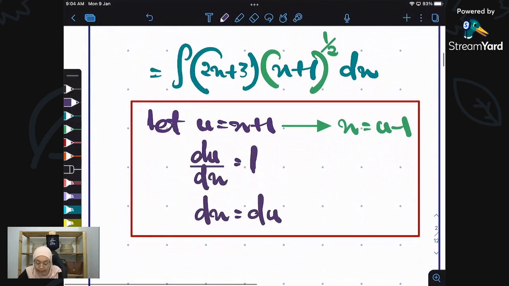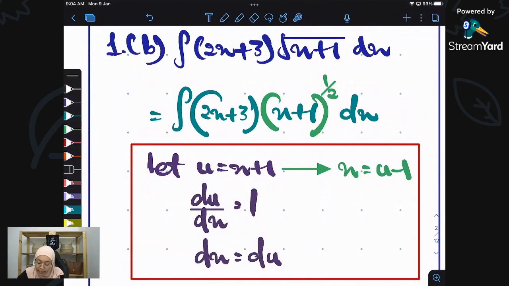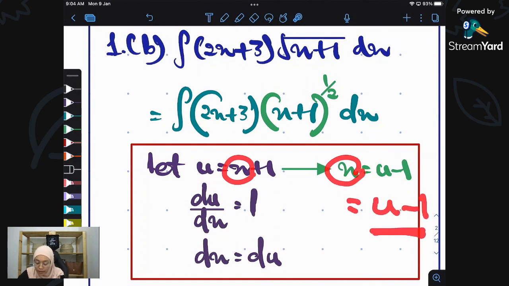Okay? And then, why do I write this? Why do I make x the subject as well? It is just because it will give me x equals u minus 1. I am about to change this x in the original integral. Whatever is x, I want to change it all to u.